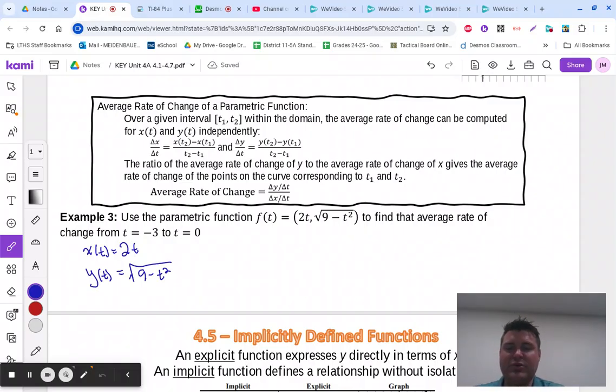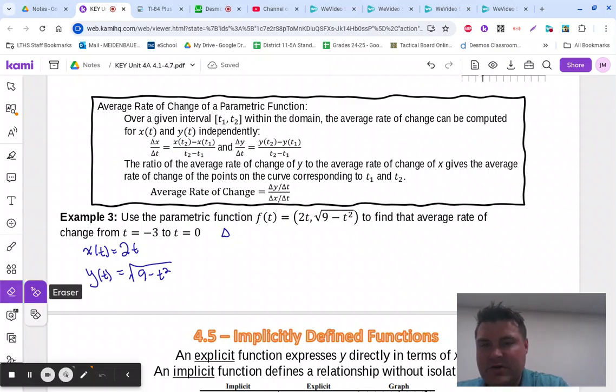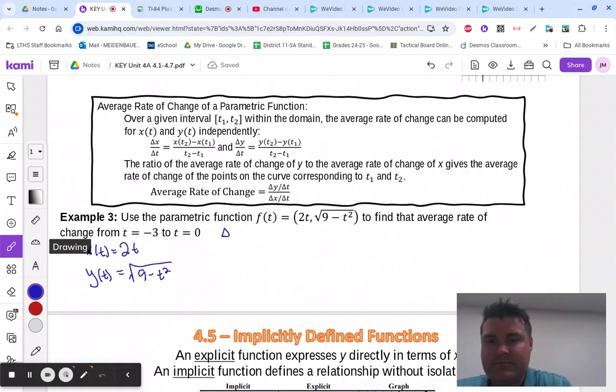Okay. So this is my parametric function already written out. I need to find out what my change of y over my change of t is, and my change of x over change of t. First things first, change of t. Right, slow. I'm going to do 0 minus negative 3. So my change of t is 3.